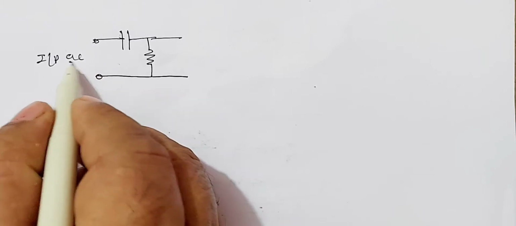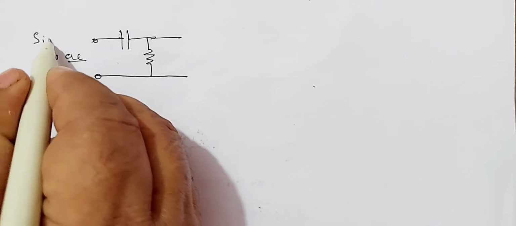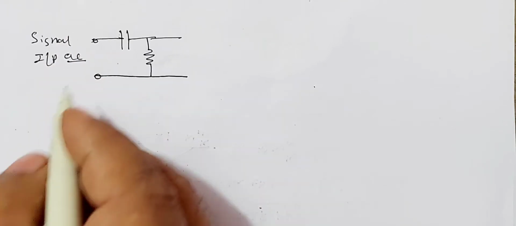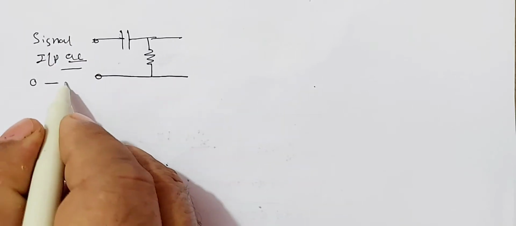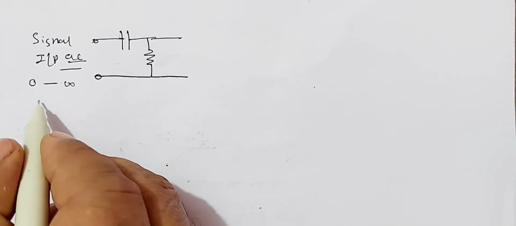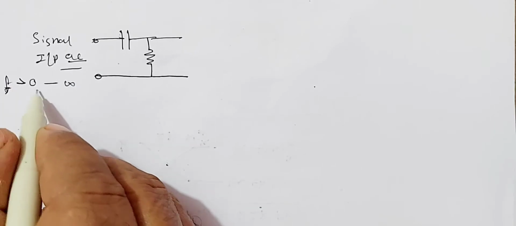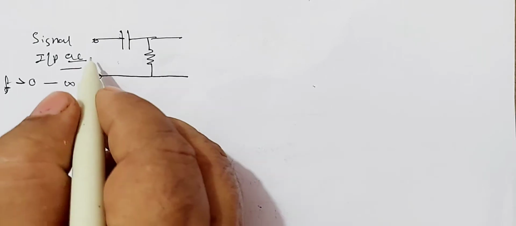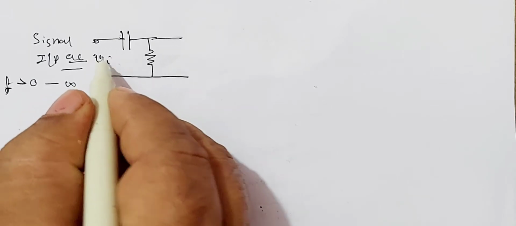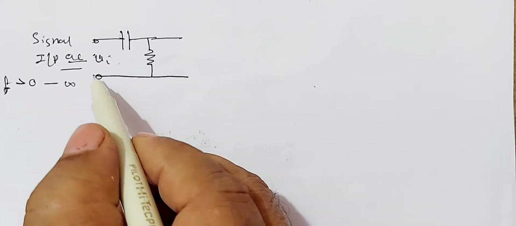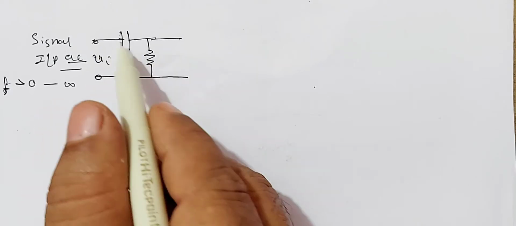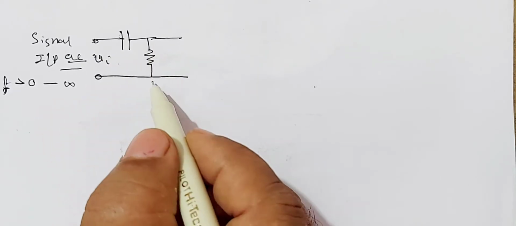Since it is an AC voltage, it is also called signal voltage. It is having frequency from 0 to infinity, where frequency F changes from 0 to infinity. Let Vi be the input voltage. This input AC voltage passes through the capacitor in series, resistor in parallel.